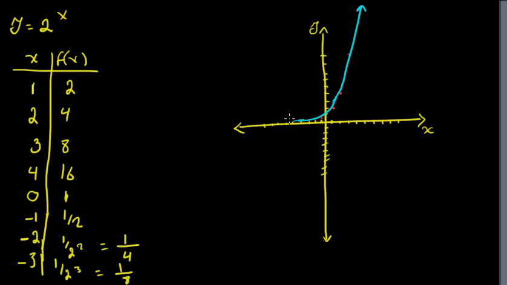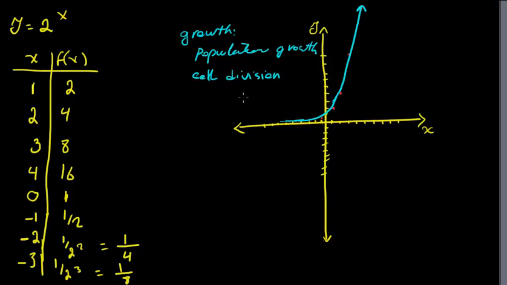So when the graph looks like this one, it shows growth, like population growth, or for instance cell division, that sometimes is exponential.